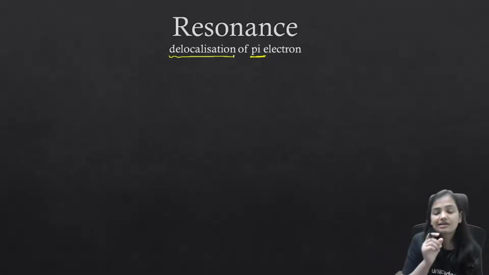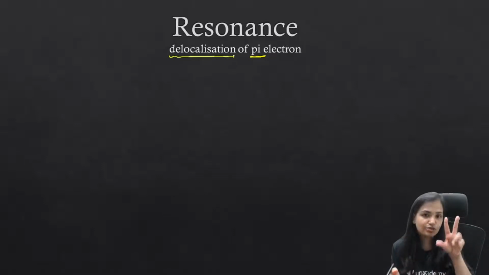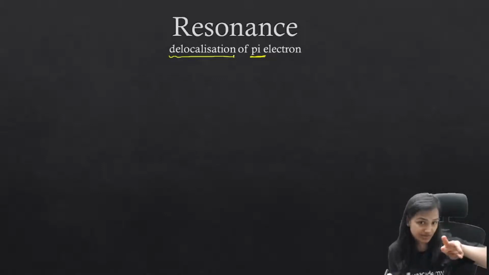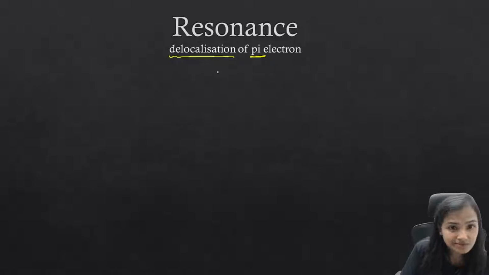Now guys, in the case of the inductive effect, in the case of the temporary effect, we were just looking for the 2 atoms. But now here in the case of resonance, we will be looking for the 3 atoms. Absolutely. So what are those 3 atoms?